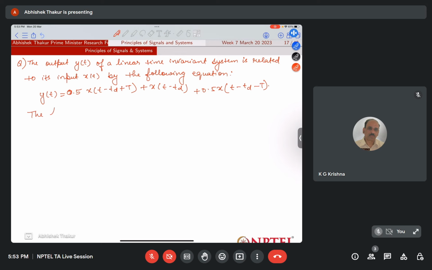In this question it is asking for the filter transfer function. This was also a GATE question. The transfer function H(omega) of such a system is given by.